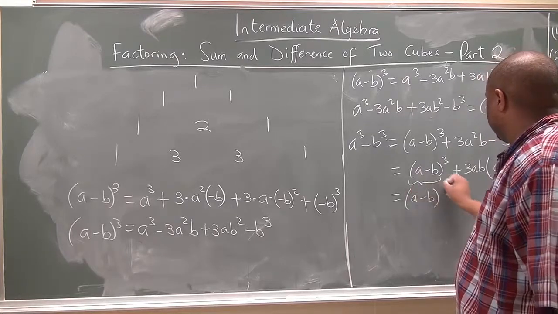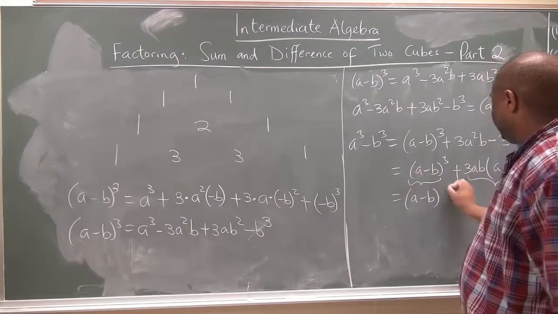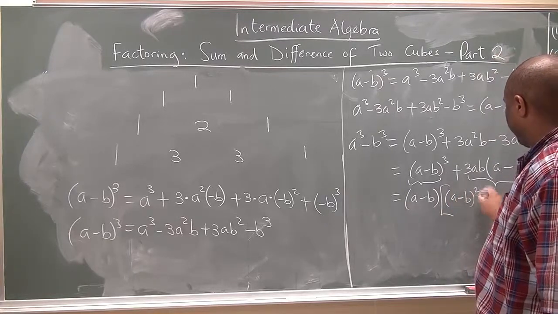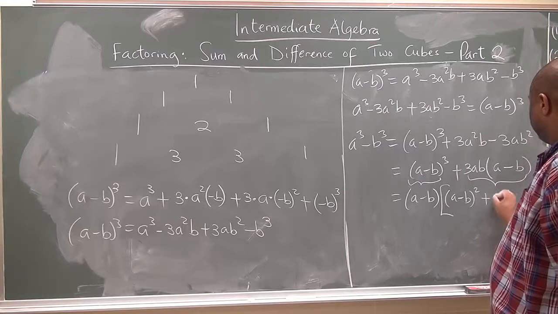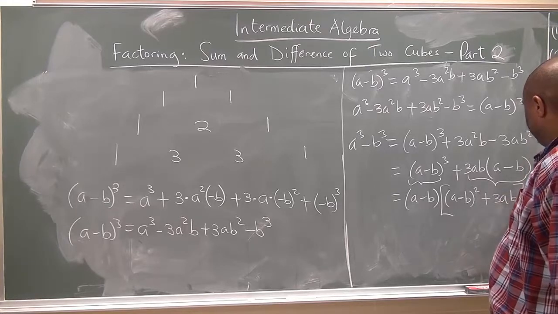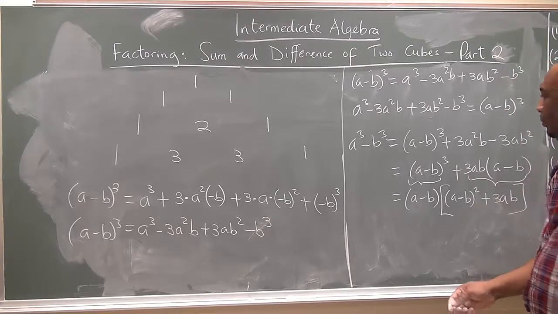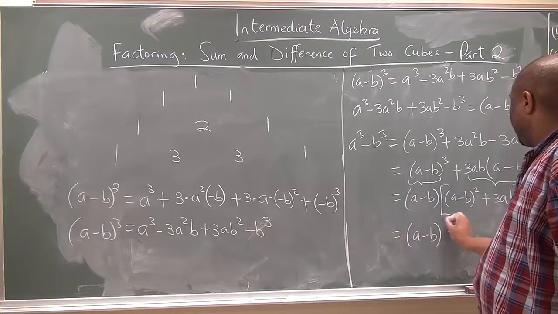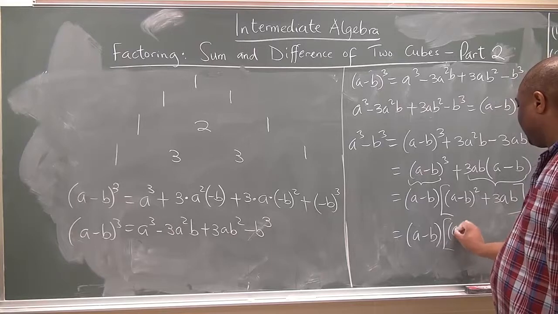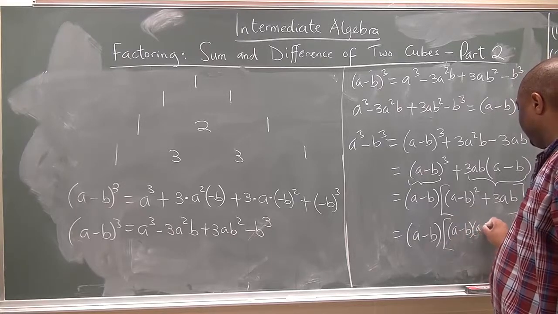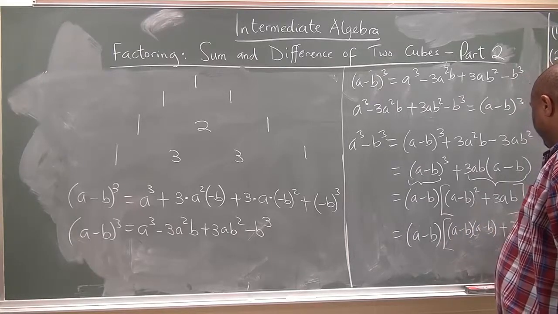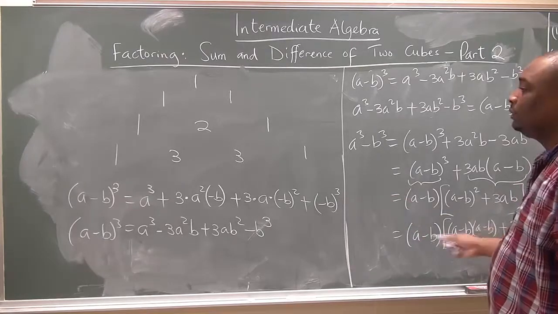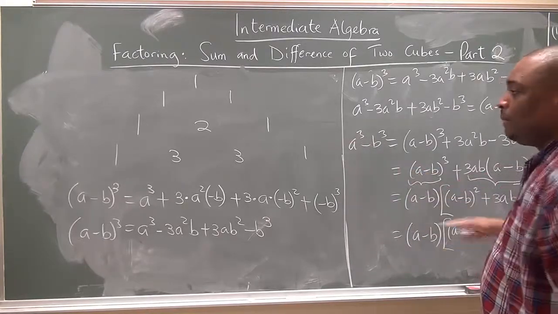You now have a minus b all squared plus 3ab. So this will be equal to a minus b times a minus b plus 3ab.